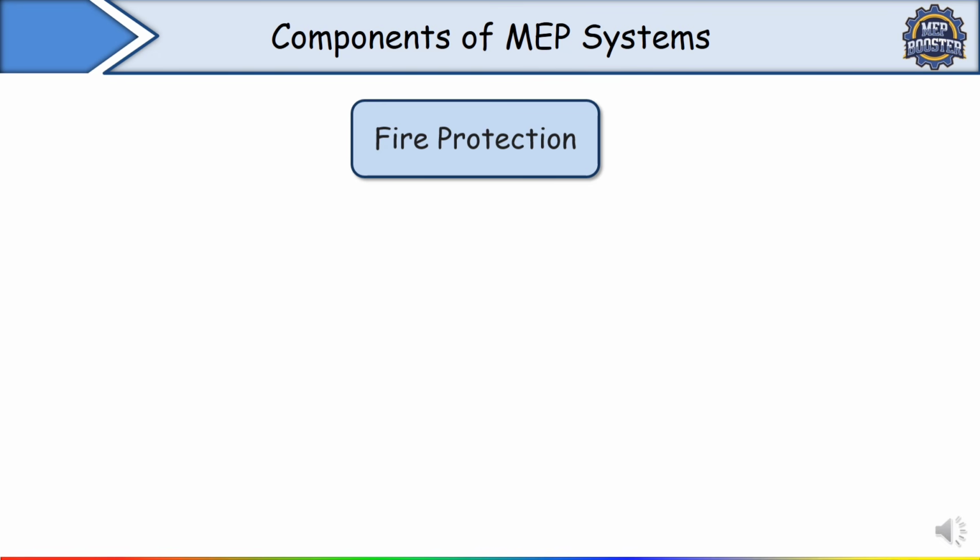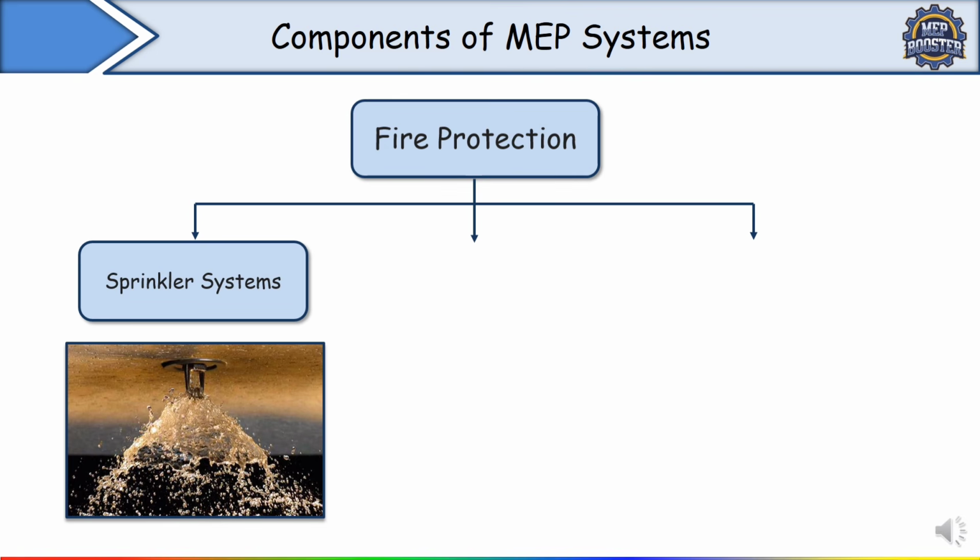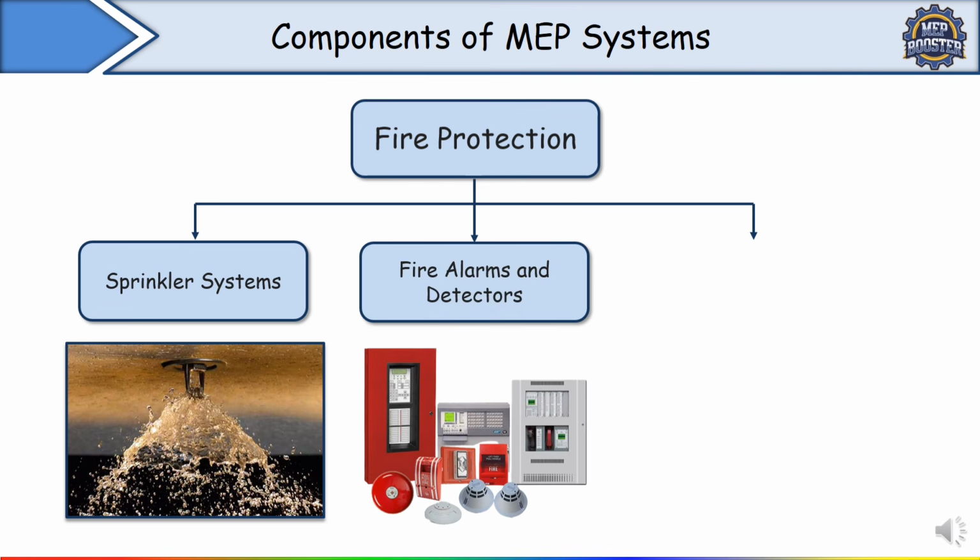So under that, you can see here some components of fire protection system are given. In that, the first is sprinkler system, which automatically activates when a fire is detected, releasing water or other fire suppression agent to extinguish or control the fires. Okay, next, fire alarm and detectors. So this fire alarm system generally detects the presence of fire or smoke and alerts occupants through alarms and notifications.